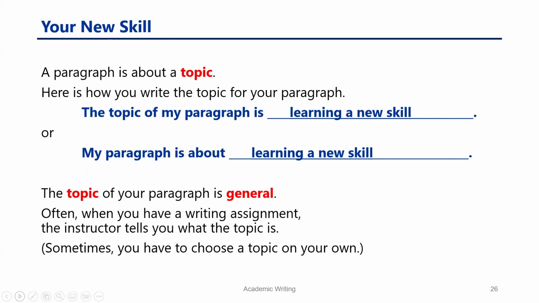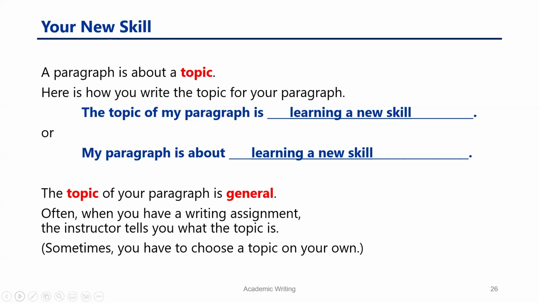So we know that a paragraph is about a topic. Let's write the topic for this paragraph. In this case, we're giving the topic to you for this week. It's learning a new skill. So when we write about that, we could say, the topic of my paragraph is learning a new skill.